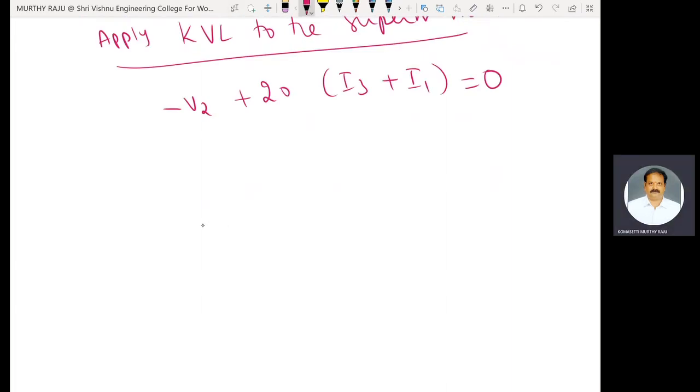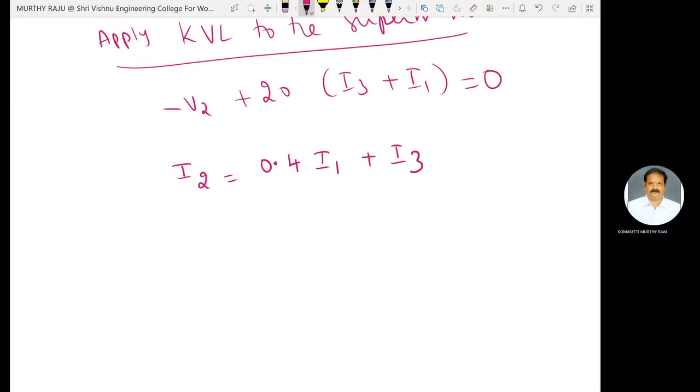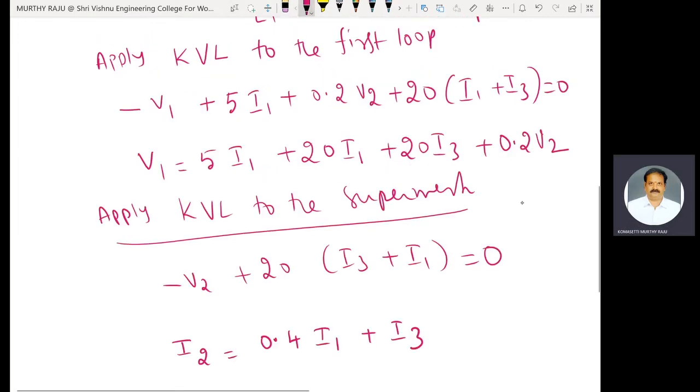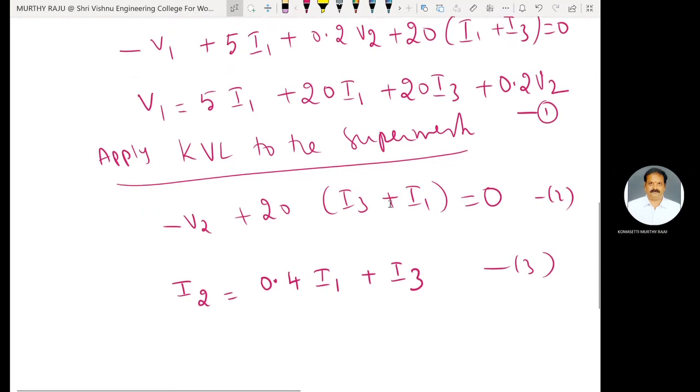This is the equation 1, equation 2 and equation 3.